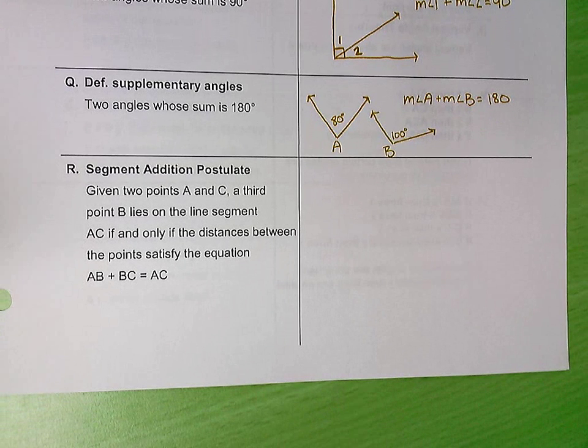The next one is the segment addition postulate. I'm not going to read you that whole thing. I'm just going to show you what it is, and I think it'll make more sense.